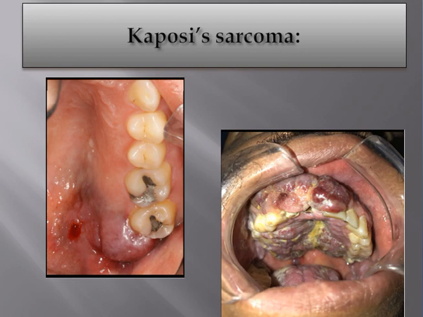Kaposi sarcoma. This is the most common malignancy encountered in HIV/AIDS patients. Kaposi sarcoma associated herpes virus, or human herpes virus 8, is the causative agent of the endothelial cell derived tumor, Kaposi sarcoma.